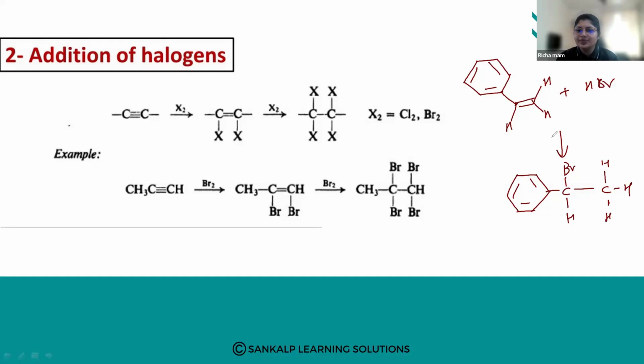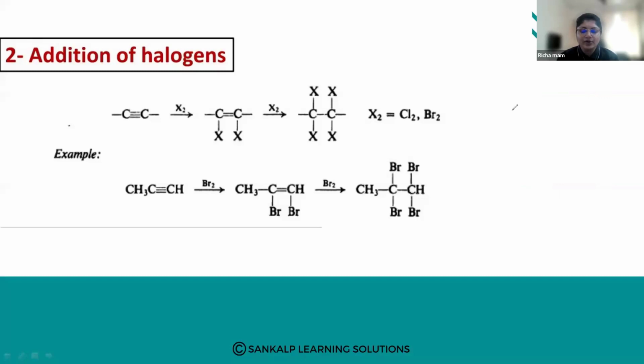So what is this rule? Br will be added to the carbon having more number of hydrogens, right? So here, because there is a bigger group, Br will be added here. So this is following the Markovnikov rule.